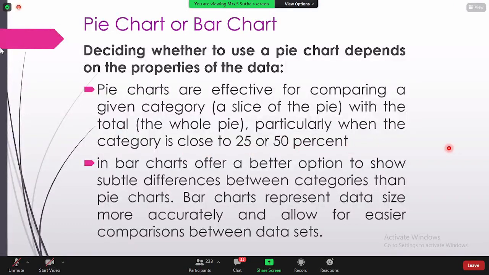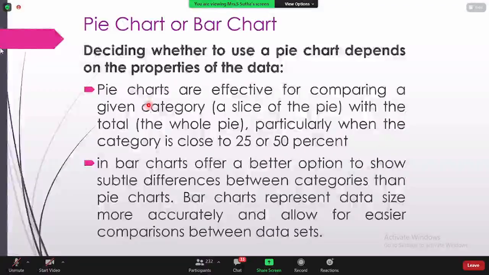If it is very small, 0.002% or 0.05%, then it is very difficult to compare, because the area of the sector will be very minor when the percentage is very small. So the percentages should be close to 25 or 50%. Then the pie chart is the most preferred method.